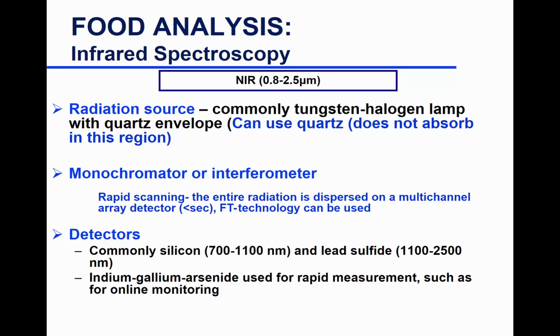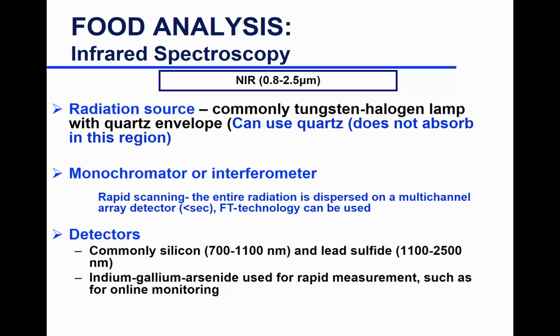The radiation source is a tungsten halogen lamp. You can use quartz as an envelope. It does not absorb IR in this region. The instrument can either be a monochromator or an interferometer. Remember, we talked about interference of waves, so you can either increase or decrease the amplitude based on what you want to measure.